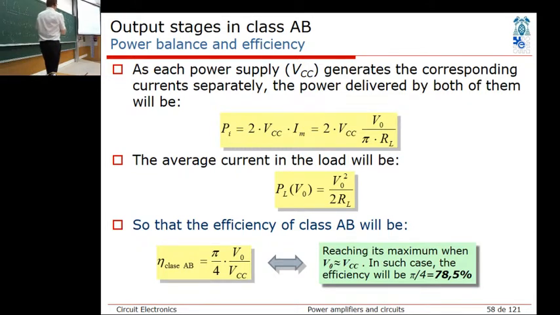And that actually has the maximum when we have a signal close to saturating. Of course it will be. And then the efficiency will be pi divided by 4, which is more than 75%. So it's 78.5% efficiency compared to the class A maximum of 25%. So it's 3 times more efficient circuit.